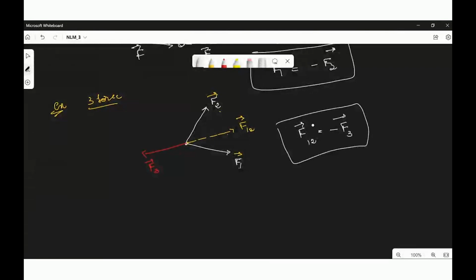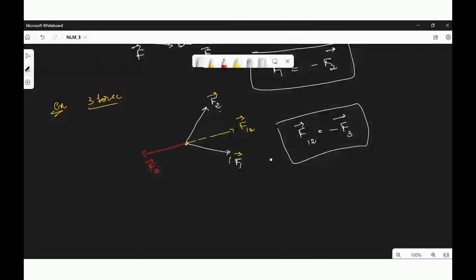If the system has to be in equilibrium, minimum two forces are necessary. If only one force is there, there is no possibility of equilibrium, unless it is zero. Any number of forces can act, and one force should balance all the other forces. That's how you can visualize it. Any doubt?